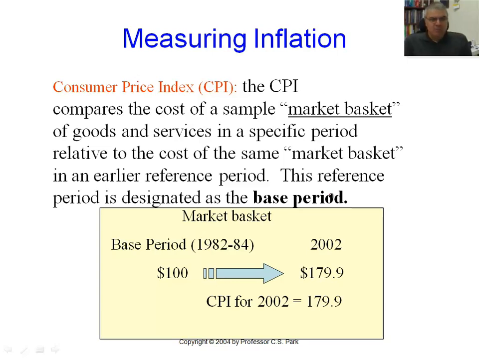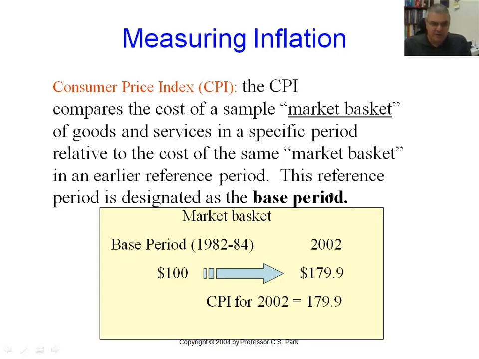If we put that $100 as a base period, then in 2002, it is the same things that you could do. The same goods and services that we could buy for $100 at that time, now we need to buy for $179.90.